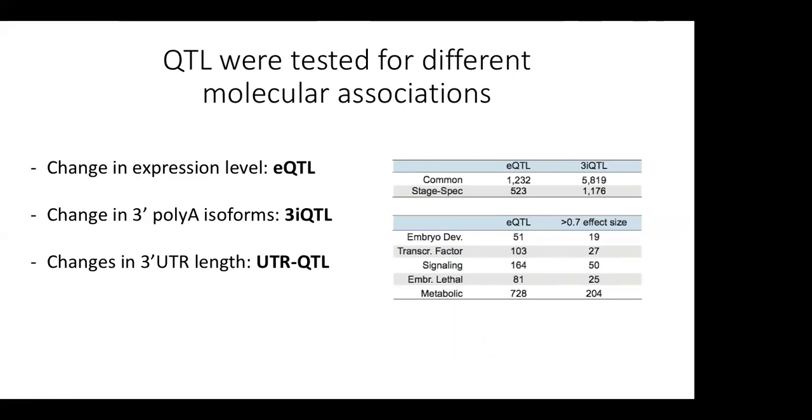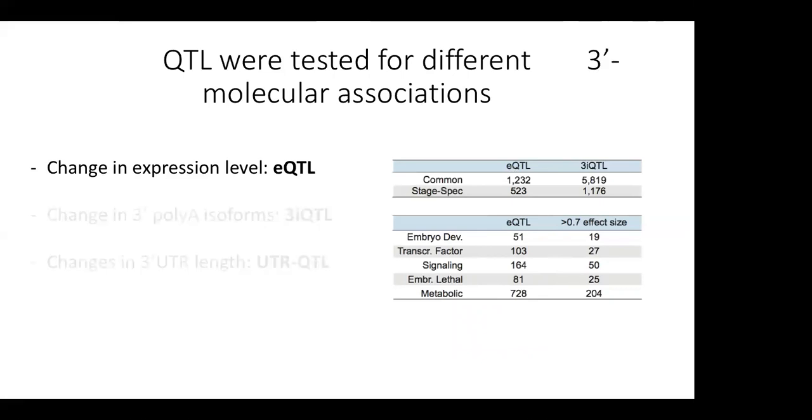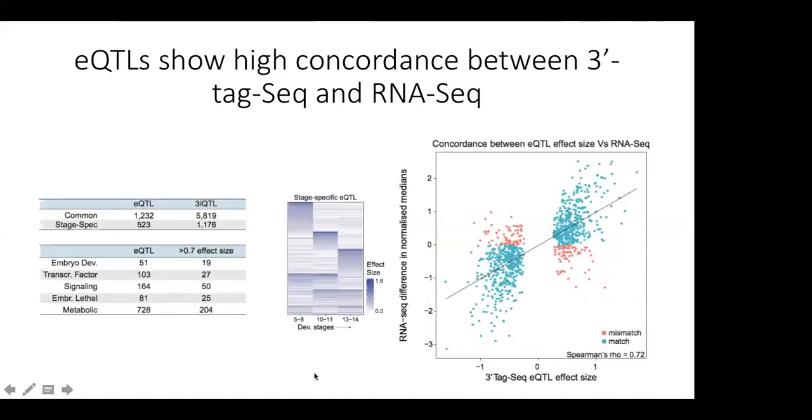We were also able to identify polymorphisms or QTLs that are specific to 1, 2, or 3 specific stages. I want to talk first about the eQTLs, where there are eQTLs specific to one stage or to two stages, or a combination of them.